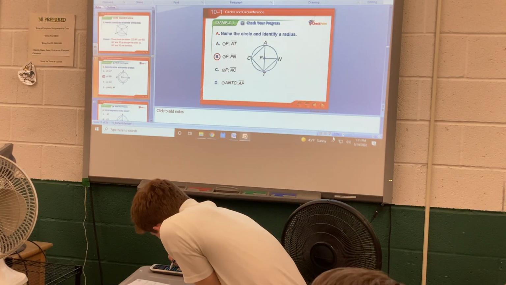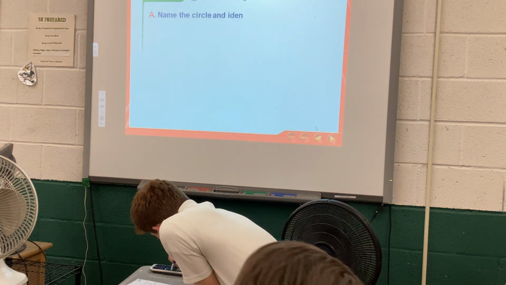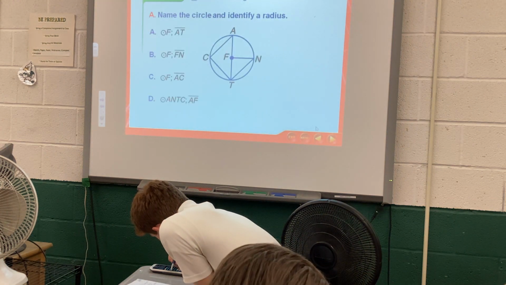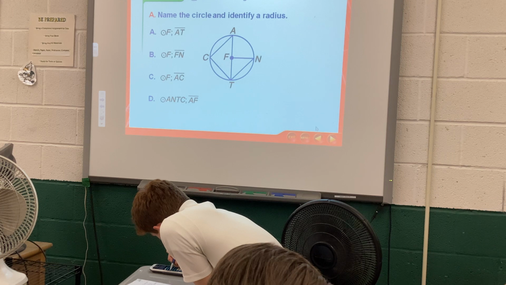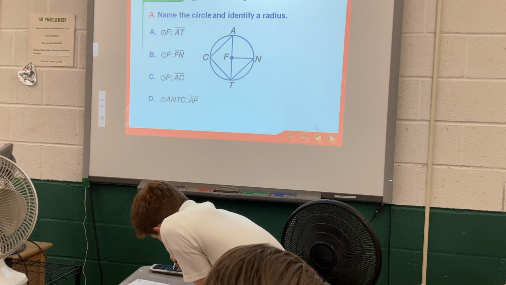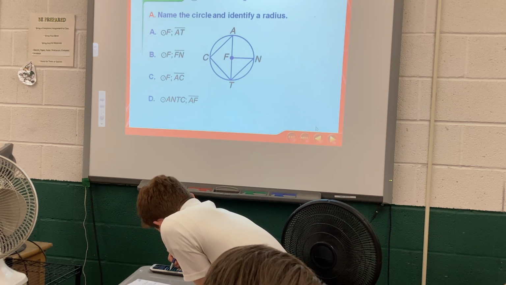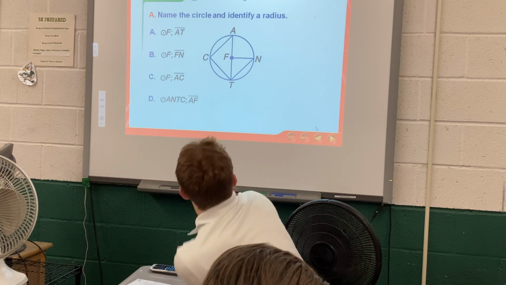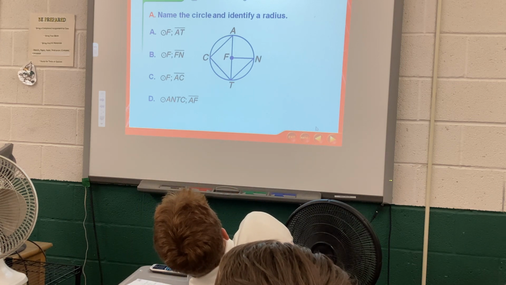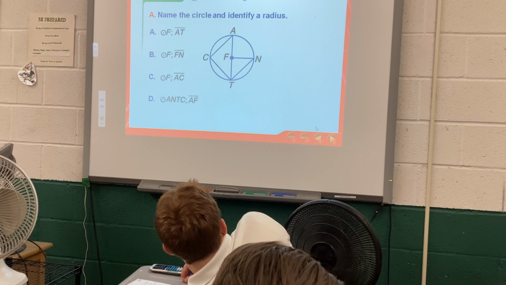Then obviously we can get a little bit more complicated. Okay? So, again, how many radii would you say are in this shape that are actually shown? 3. What about NT? No. It's a chord, right?